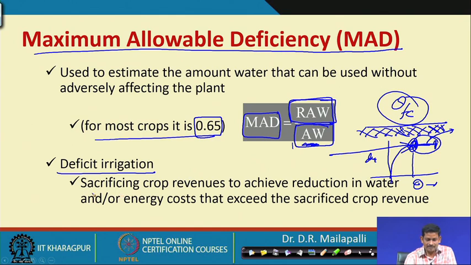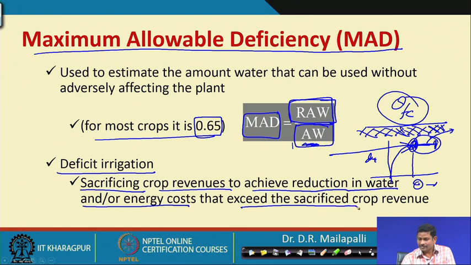So, what is deficit irrigation? It is sacrificing crop revenues to achieve a reduction in water and energy, these two inputs. The water and energy costs exceed the sacrificed crop revenues.